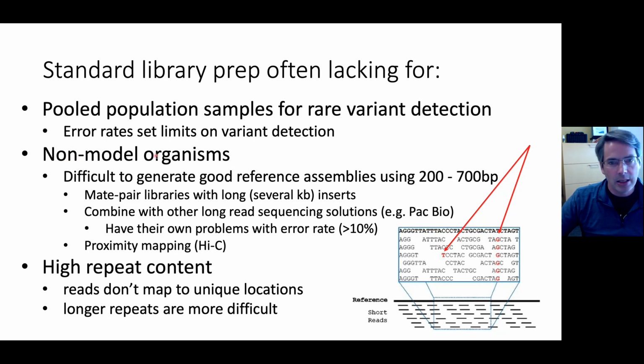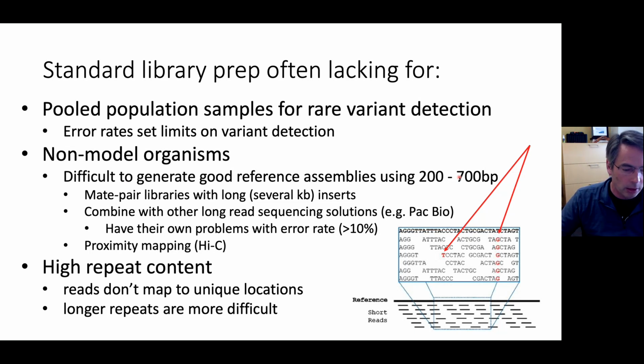A lot of times that standard library prep might not be good for non-model organisms because we don't have good reference assemblies to map them to. I talked a little bit about that. I'm going to go into a little bit more detail about solving some of the problems here. Most of that issue is because of short read sequencing, when we can only go out, the whole fragment is 700 base pairs long, for example.